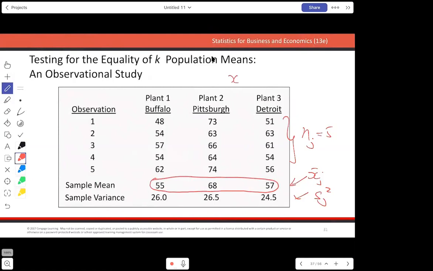So x double bar is 55 plus 58 plus 57 divided by 3, whatever that turns out to be. Where's my calculator?